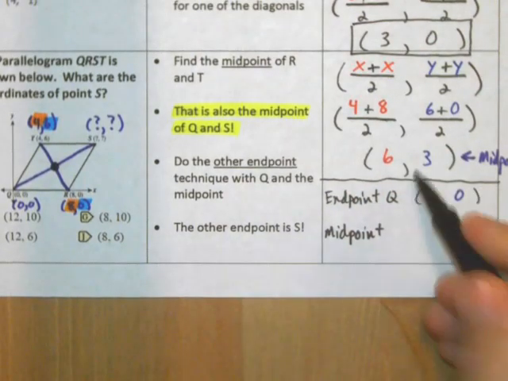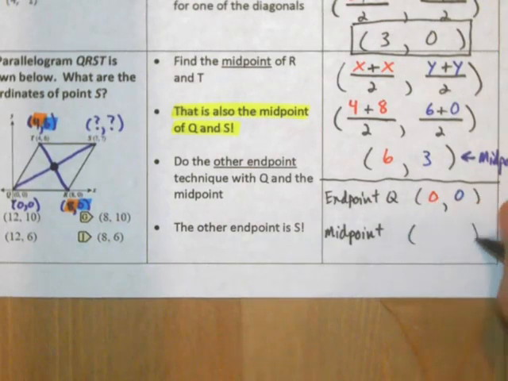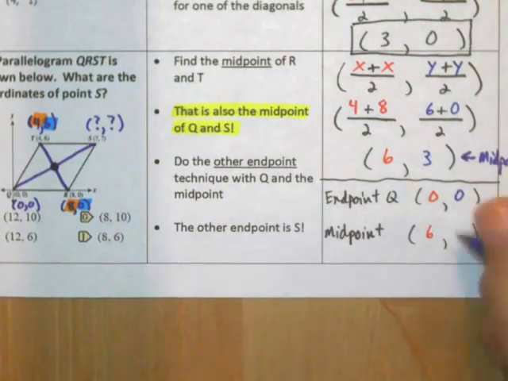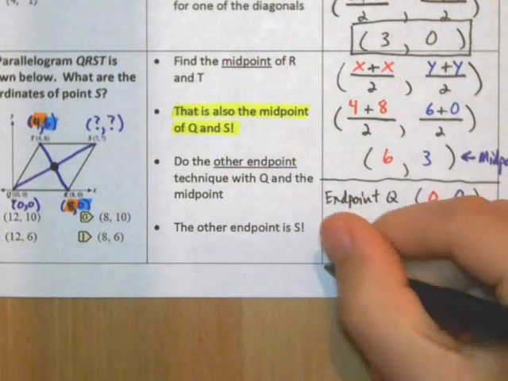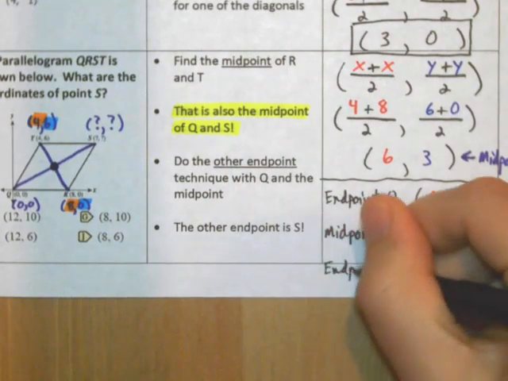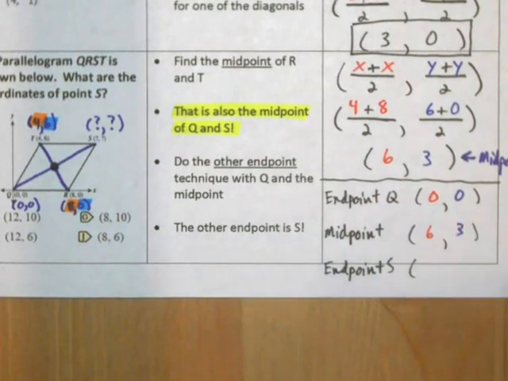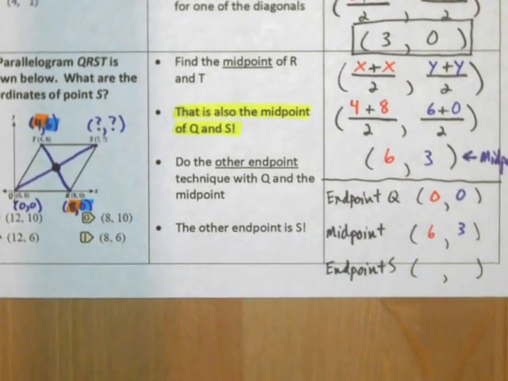The midpoint that we just found has coordinates 6, 3. And the last thing I'm going to write down is endpoint S. Now, we don't know those coordinates yet, but here's how we're going to figure them out.